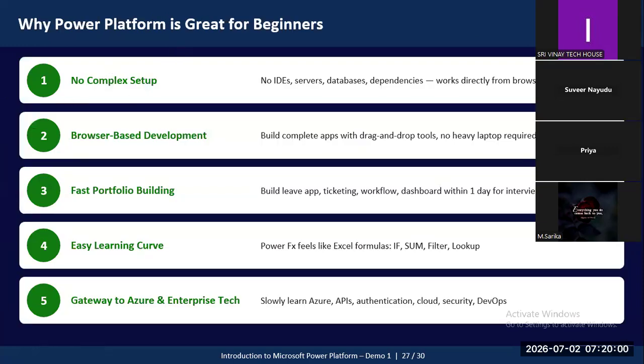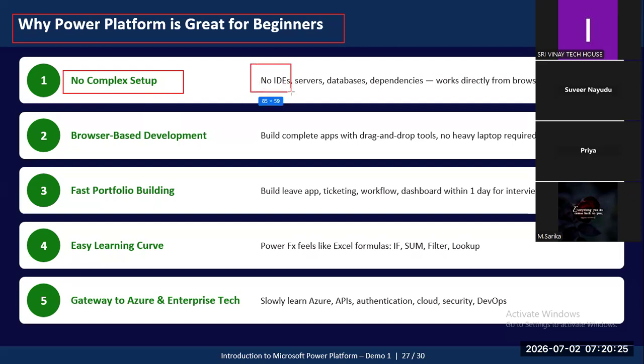Why Power Platform is great for beginner level developers? See, basically, the first point is no complex setup. If you want to develop any Power applications under Power Platform, no need to set up any environment, any server, right? No IDEs. What are IDEs? Basically, where we write some code. Let's take an example. Visual Studio Code is an IDE.